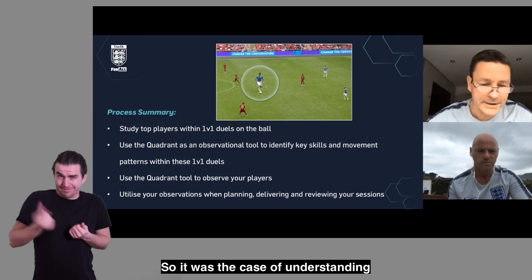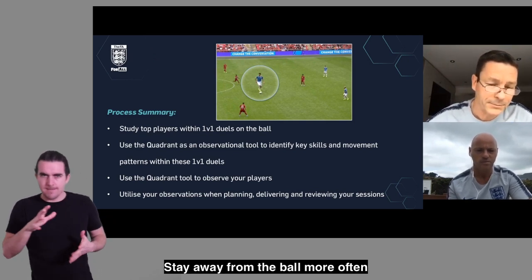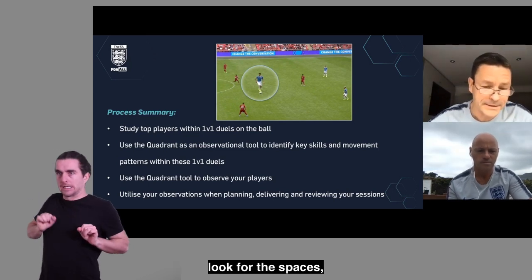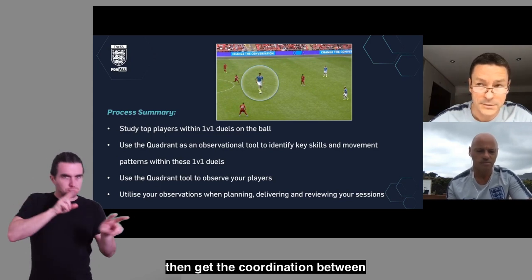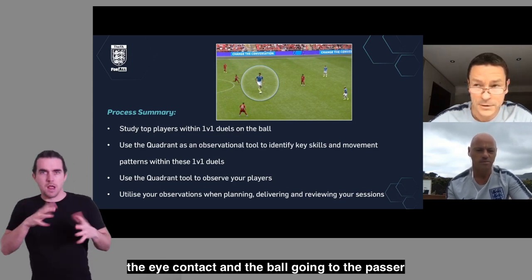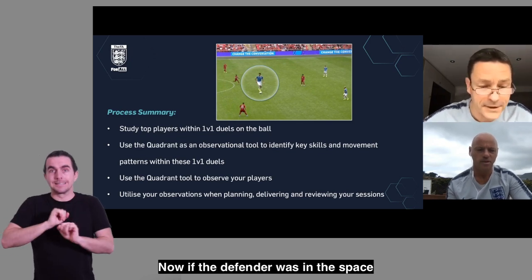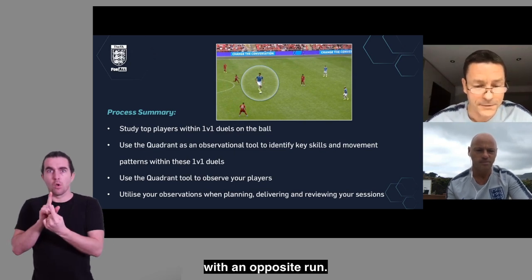So then it was a case of understanding the key factors of positional skill: stay away from the ball more often, on the shoulder of the defender, look for the spaces, check where your defender is, and then get the coordination between the eye contact and the ball going to the passer and put that over the space. Now, if the defender was in the space, sometimes you'd have to move him with an opposite run.